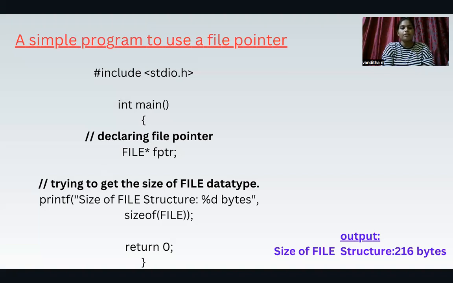Let's print the size of a FILE structure. The printf statements which are included will be in the output. Last, we need to return 0 followed by a closing curly bracket. The output is given as the size of the FILE structure, 216 bytes.